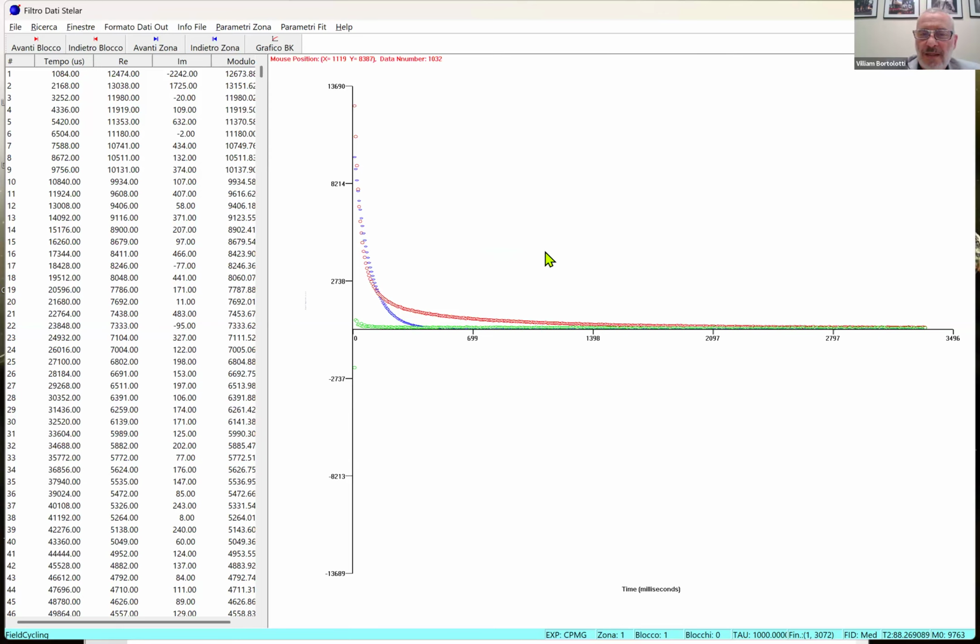Each block is a fit acquired at a different inversion time. Clearly, to understand correctly what I'm saying, it is necessary to have in mind the typical structure of inversion recovery. We can move on this and see where the inversion time has a value at which the magnetization is null.